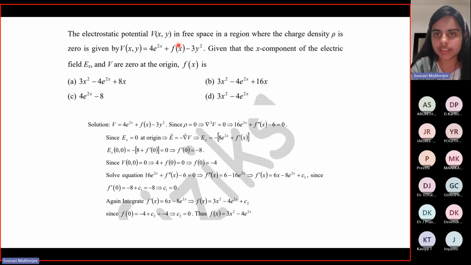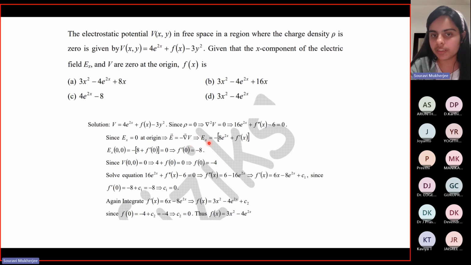Now the next part of the question says that the x component of electric field at origin is 0. Now how do you find the x component? You know V, and you know how electric field is related to V, right? E is equal to minus grad V. So you can now write an expression for your electric field.